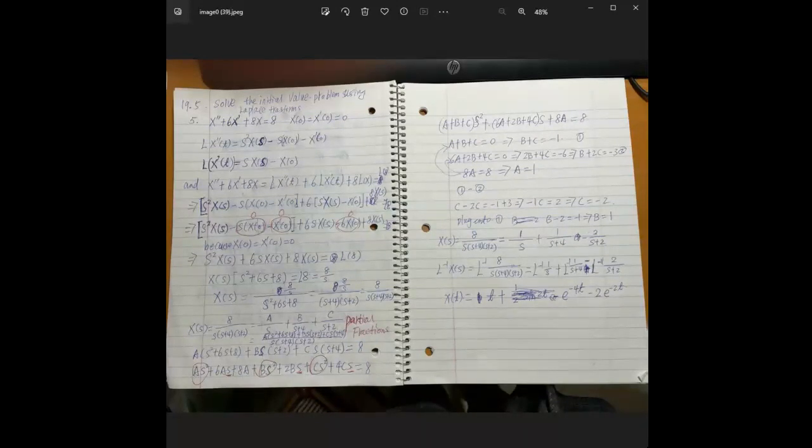Substitute it. So the left side is the Laplace transform.